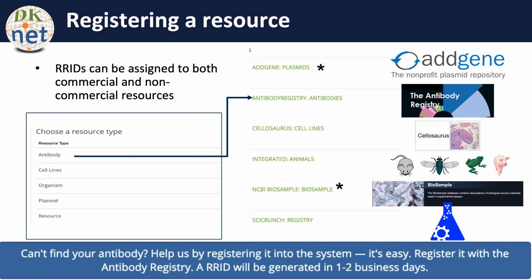And for many of these, registration is fairly quick. For the tool registry and antibody registry, these are fairly easy for you to register. It could take a couple of days. Cellosaurus also has a good turnaround time, and for the model organism databases it depends on the model organism and who you need to speak to in terms of providing that information.